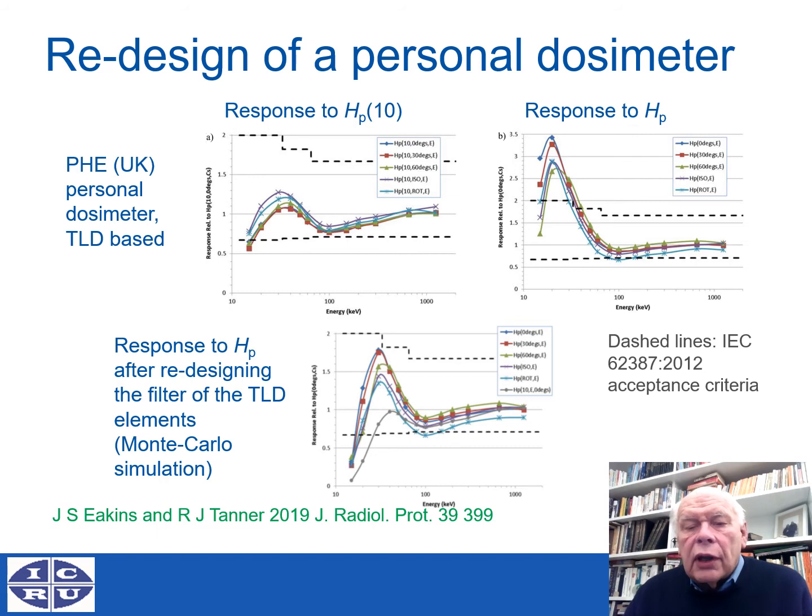If you calibrate this instrument in terms of HP, the new operational quantity, then you see an over-response that's outside these limits. But the authors have seen, by calculating some simple changes of filters for the TLDs, that this will bring the response back into the acceptance area.